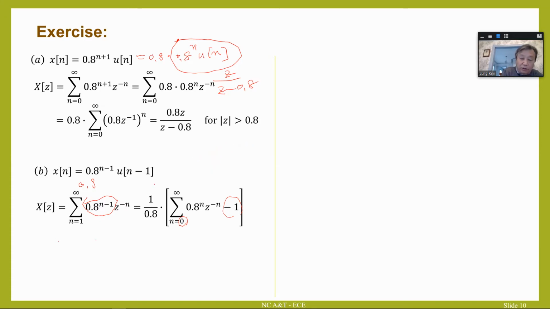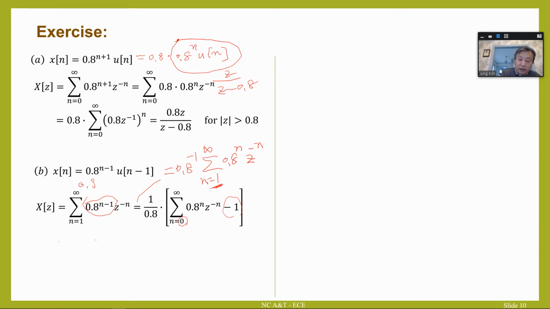So first of all, 0.8 to the minus 1 times the summation, n from 1 to infinity, of 0.8 to the n, z to the minus n. You need to notice the starting point is not 0, it is 1.